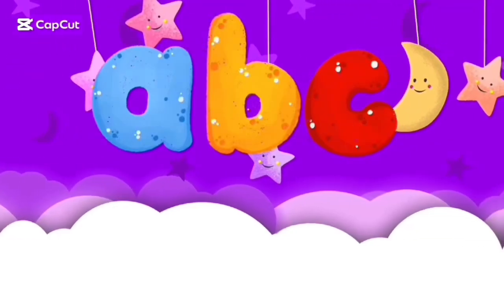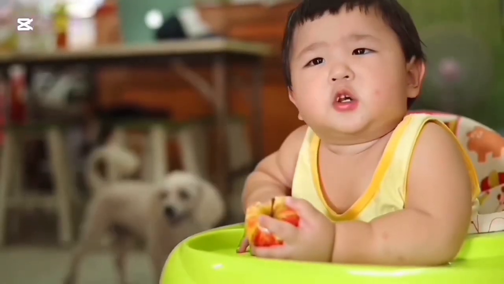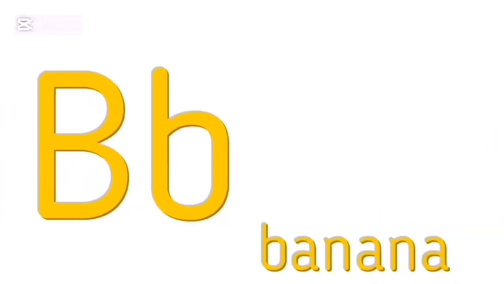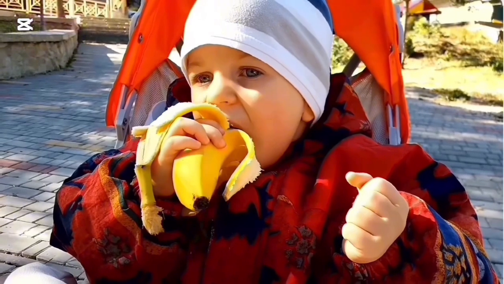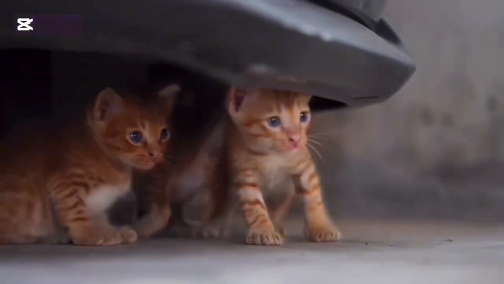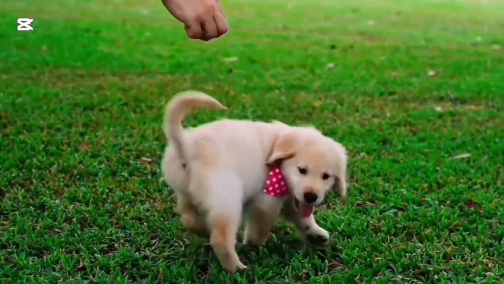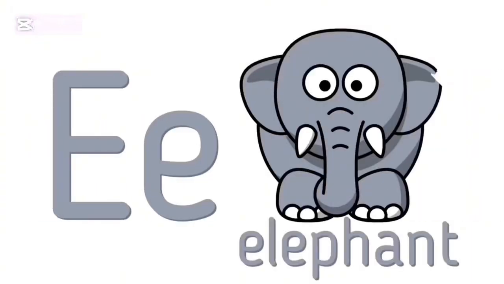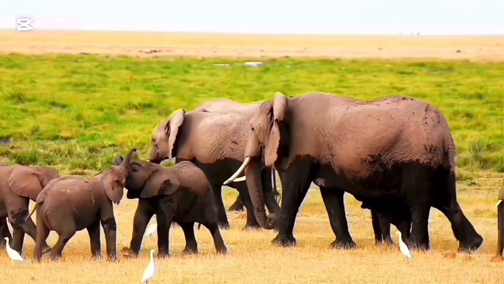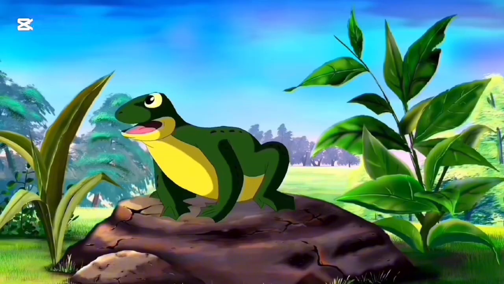Hi kids, let's learn ABC phonics. A for apple, apple. B for banana, banana. C for cat, cat. D for dog, dog. E for elephant, elephant. F for frog, frog.